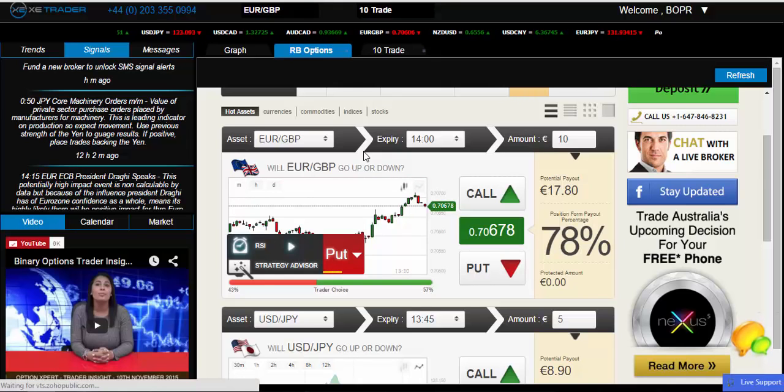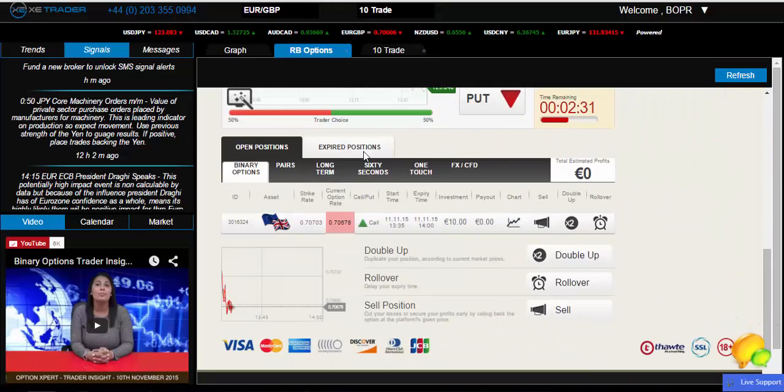RB options says to go with a put, but I'm not actually surprised they'd say that after what's just happened. Jesus. At least on the lower time frame, it looks like it could potentially be either a dip or a reversal, but on the 30 minutes, it's just solid.